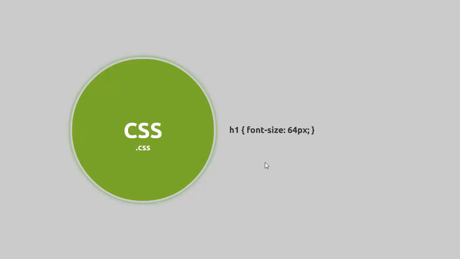So CSS, like this declaration here, which would functionally set the size of our type, the font size, to 64 pixels for our H1 header, is comprised of a selector, which determines which element or elements we'll be applying our properties to, then a property, followed by that property's value.